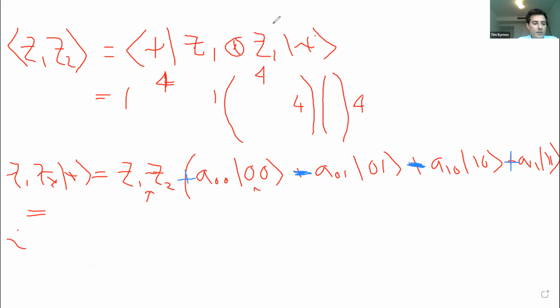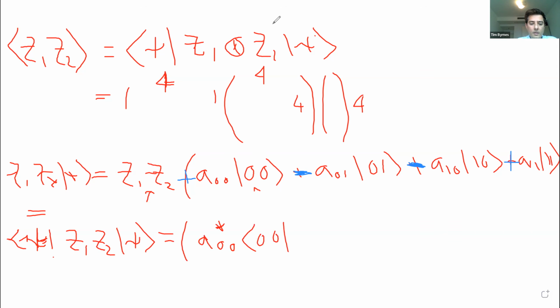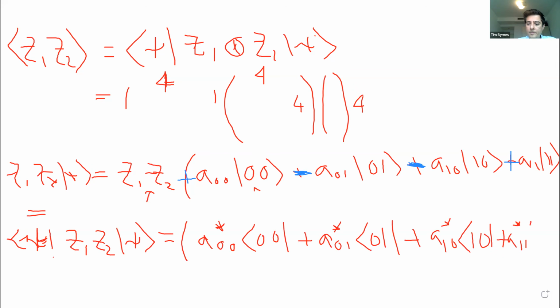Now let's do the second part of the calculation, which is to take the inner product of the resultant state, Z1 Z2 acting on psi, with psi. So we've got our state, which is alpha 00 star, alpha 01 star, alpha 10 star, and alpha 11 star.